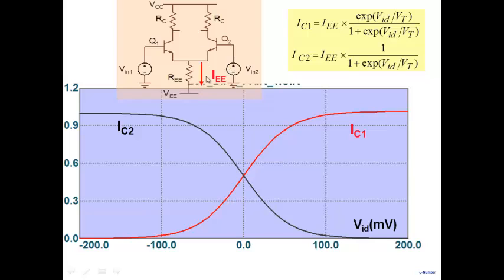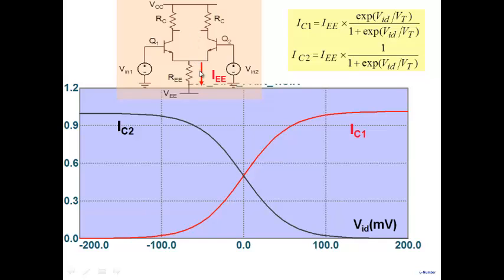So a very interesting property: you have a current source IE, and you can switch the current to either side. By switching the current, the voltages at the collectors also change. If you cause all the current IE to flow here, the voltage at this node will drop and the voltage at the other node will rise.